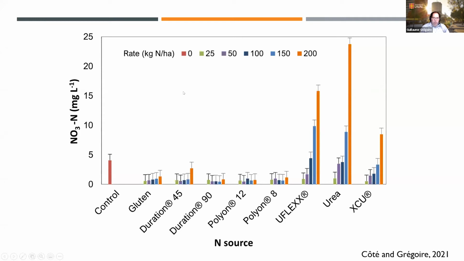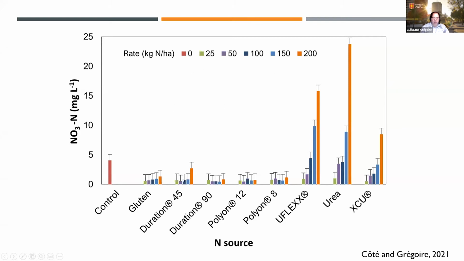So these are some results from the first phase of the project. You have the different nitrogen sources that we tried during this trial at the different rates.